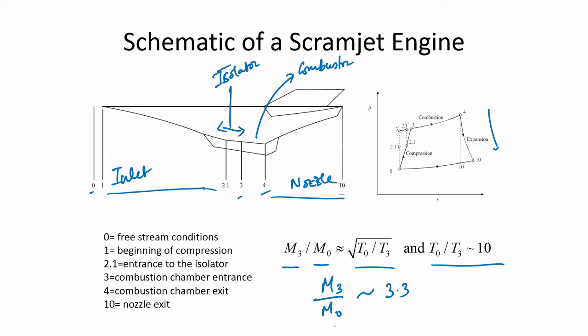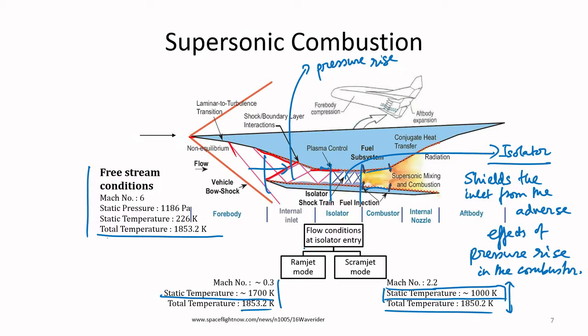So, for a vehicle which is flying at a Mach of 6, the combustor entry Mach number of course reduces, but it is still supersonic. So, even if the flight Mach number is 6, your Mach number at the combustor entry is 2.2.